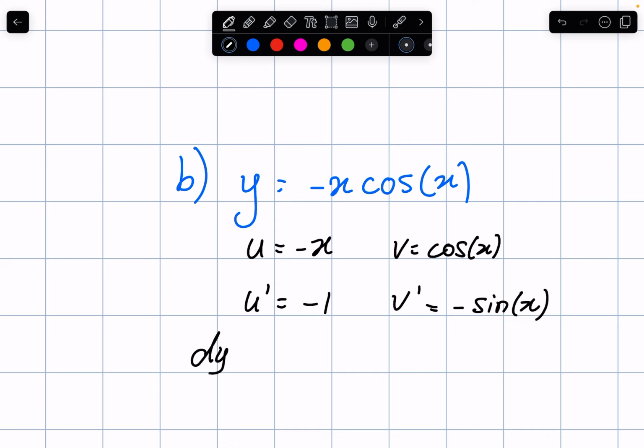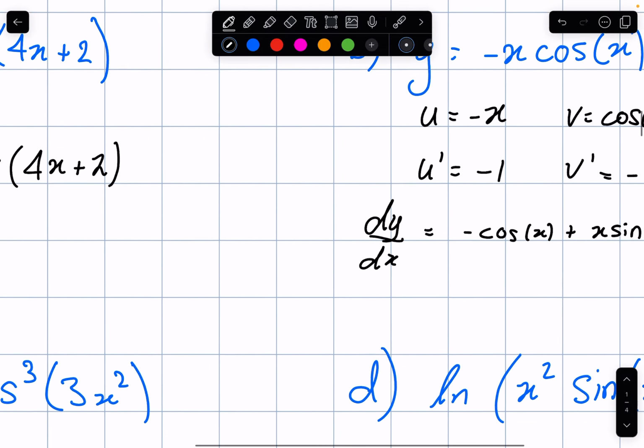Now my product rule, we all know, is u dash v plus u v dash. So u dash v is negative cos x. Then I've got negative x times negative sine, which gives me a positive x sine of x, okay? And that's it, that's how we can leave it there.